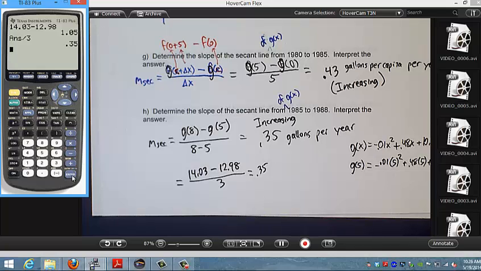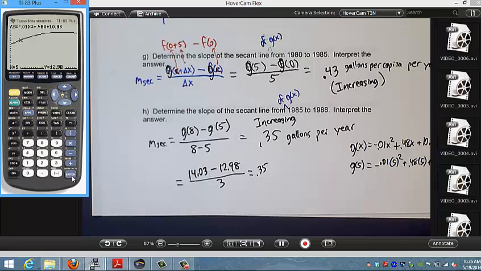All right? So let's look at the picture. Where is 1985? Let's look at that again. There. In 1985, skim milk, would you say that the consumption was increasing or decreasing?